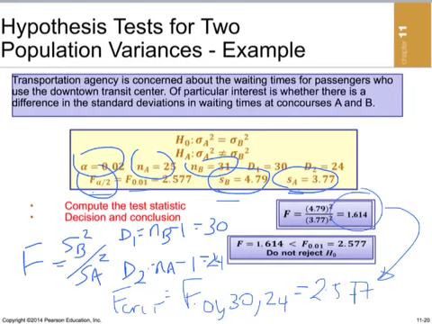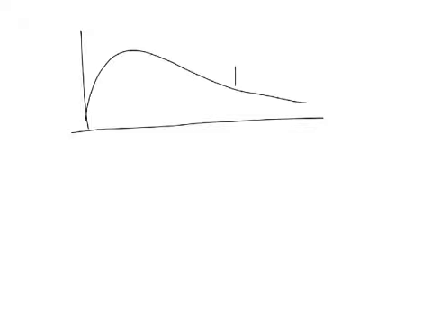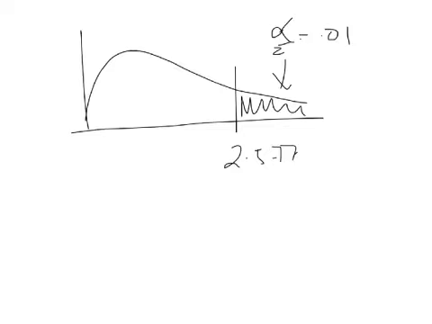Essentially if I draw a diagram for you, here our critical value is 2.577. This area is alpha over 2, 0.01, because alpha is 2%. Our observed value was 1.6 something. I forgot what it was now, I'll find the exact value for you.